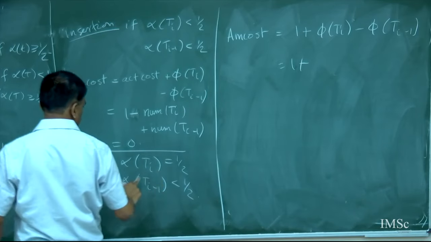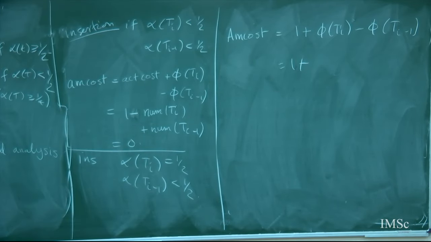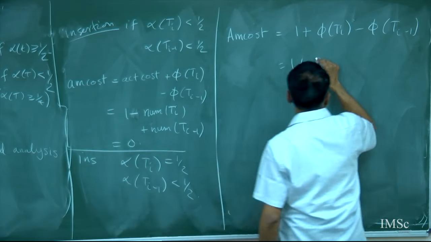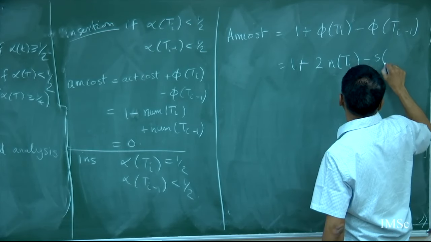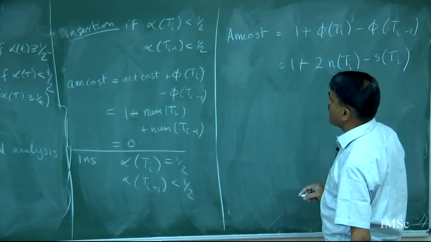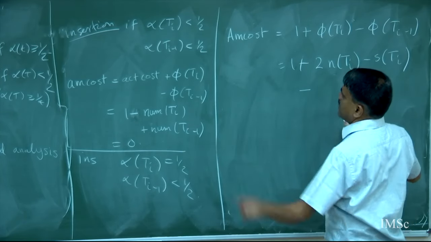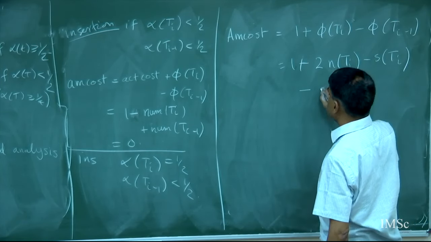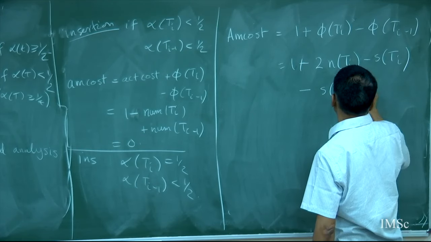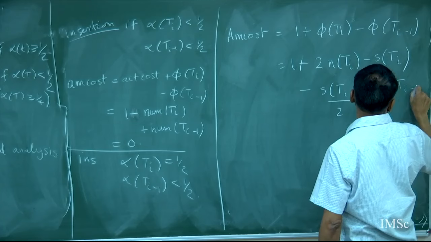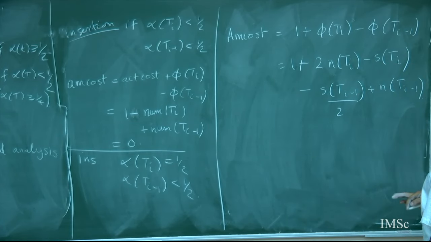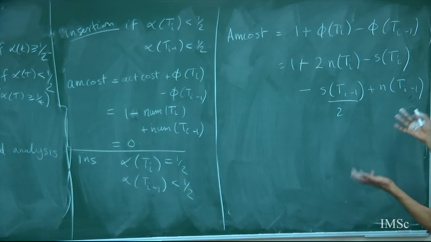Because alpha of Ti becomes half, I am in this domain: 2 times number of elements in Ti, minus the earlier potential, which was size of Ti minus 1 by 2 plus number of elements in Ti minus 1. And you expect everything to cancel out and become a constant. Let's see whether that's happening.